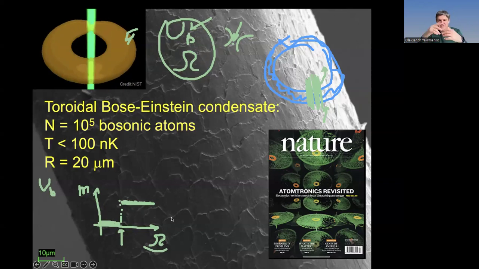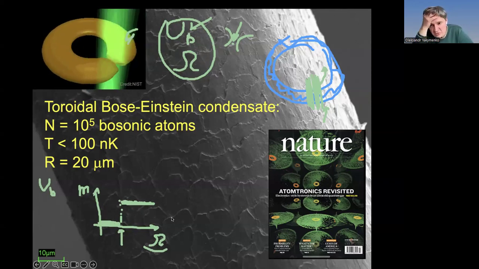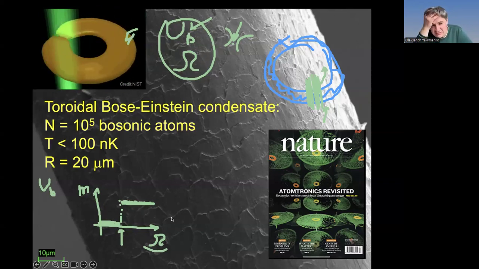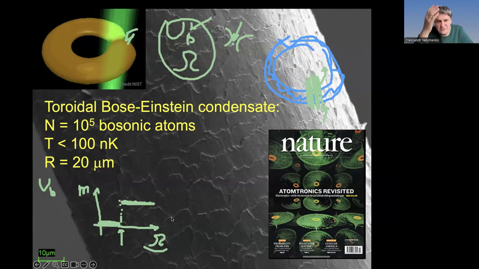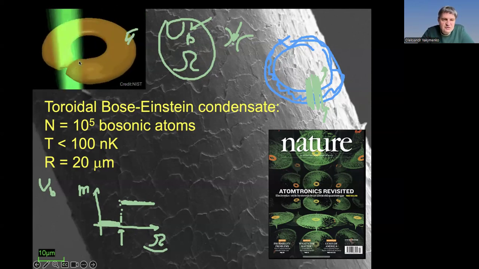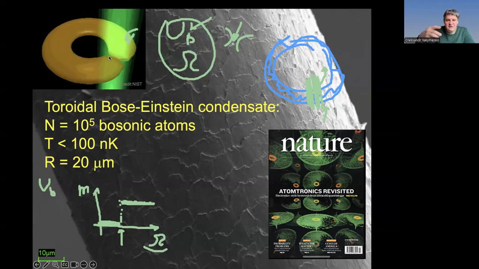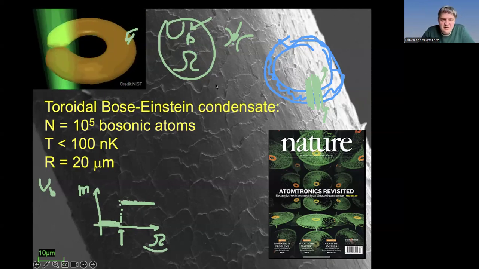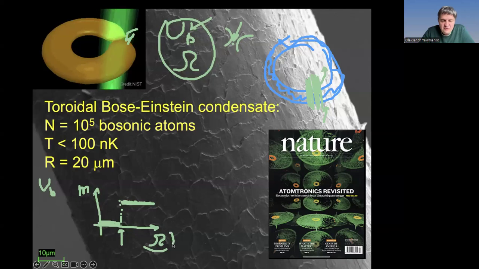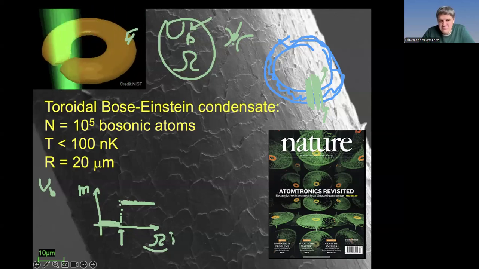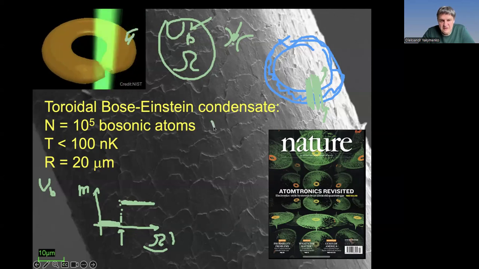So it is a kind of tunable quantum rotation sensor. The idea is to make this stirring laser beam with an amplitude which can tune the critical angular velocity for this transition.